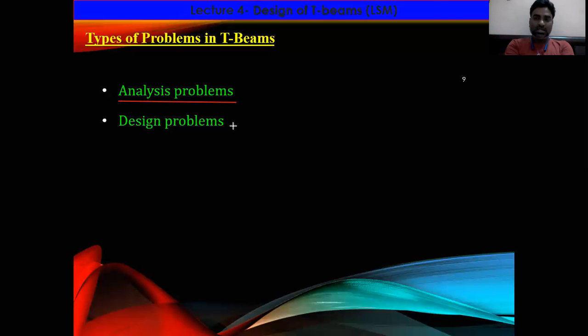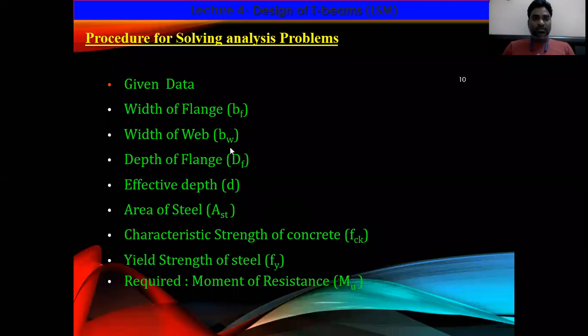So all these steps are the same as your rectangular beam, but there are some differences based upon the depth of it. So that problem is called as design problem. So we will discuss both, right. So first we will discuss the design problem.